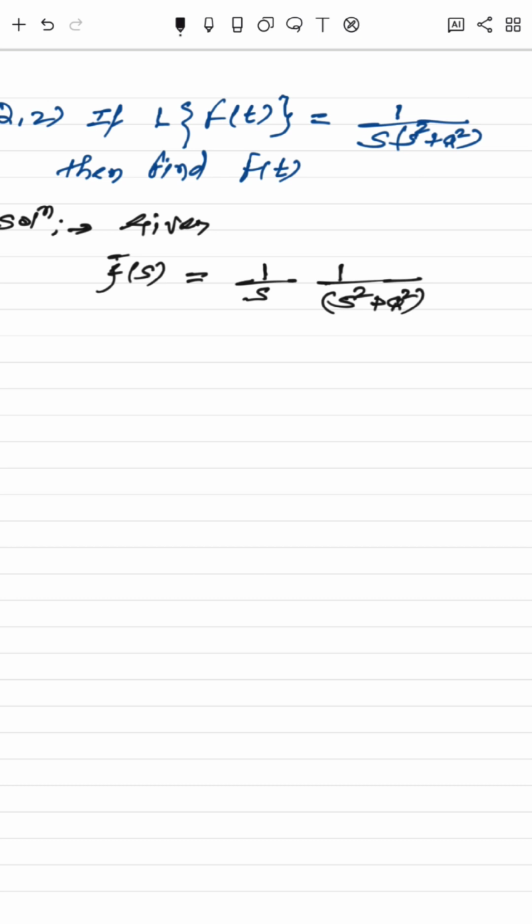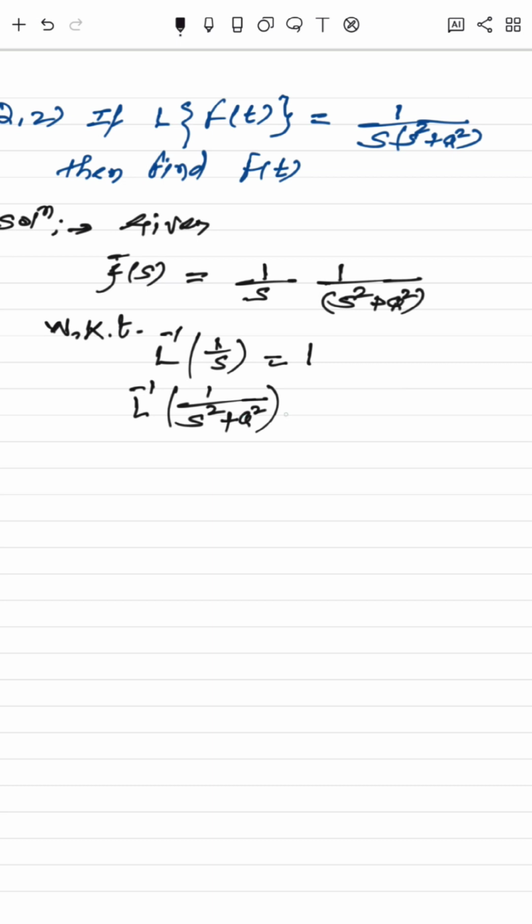F of t is nothing but inverse Laplace transform of f bar of s. And to obtain this inverse Laplace, we use convolution theorem. We know that inverse Laplace transform of first function 1 by s is 1, inverse Laplace of 1 upon s square plus a square is 1 by a sine of at, standard result.